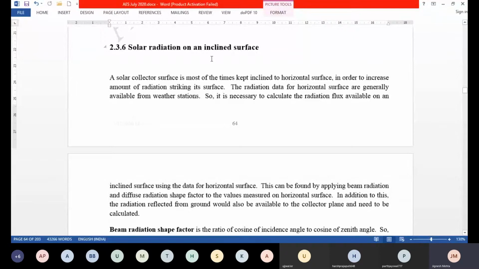This type of calculation would be necessary if the value of radiation, beam radiation and diffuse radiation, is available for a horizontal plane, and your solar collector is inclined or is tilted at an angle beta, in that case you would need to do this type of calculation. So this should be very clear in your mind.